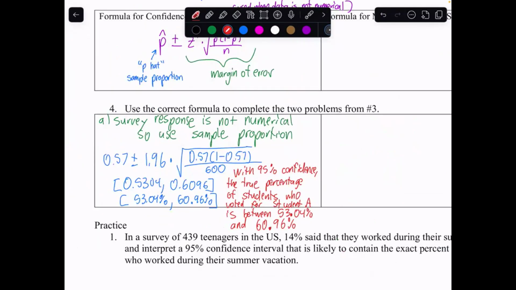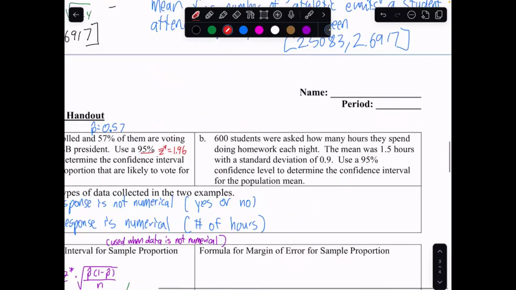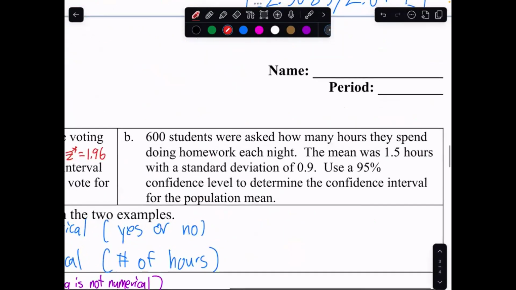And then how about the other problem? Here, again, the data is about how many hours students spend doing homework each night. If you were part of this survey, your answer would be some number. Maybe it's 1 hour, 2 hours, half an hour, but it's a number.